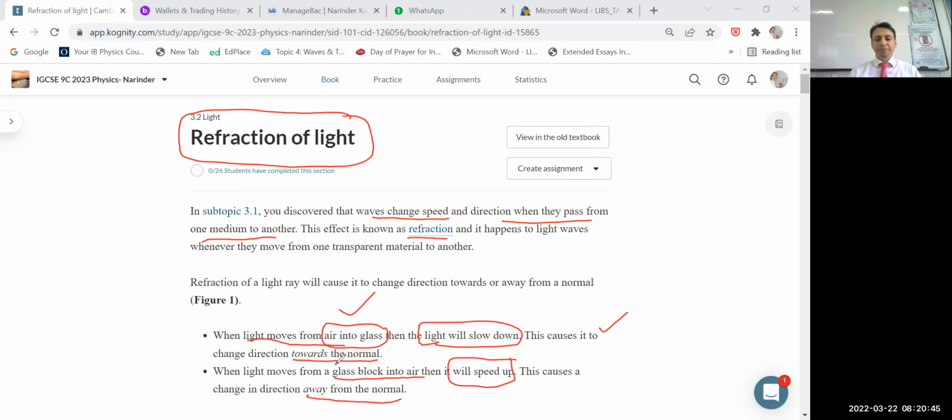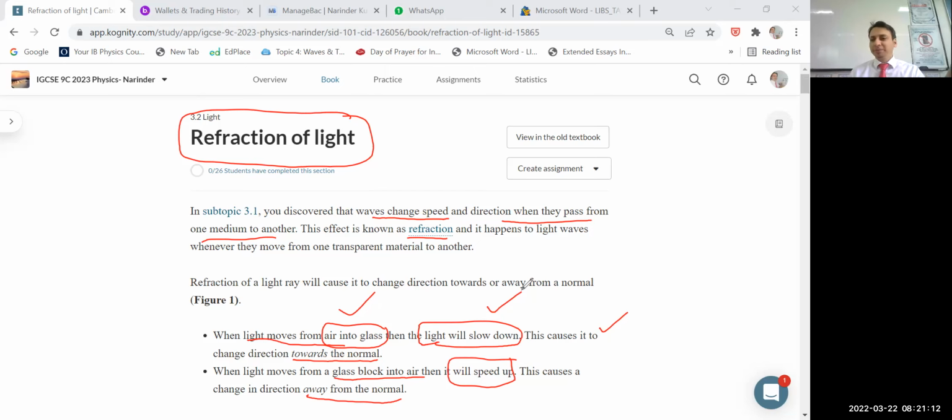Light bends. Here, children, when light moves from air into glass, it slowed down. Think about this point. It slowed down. Means the speed of light reduced, got changed when it entered into a medium.